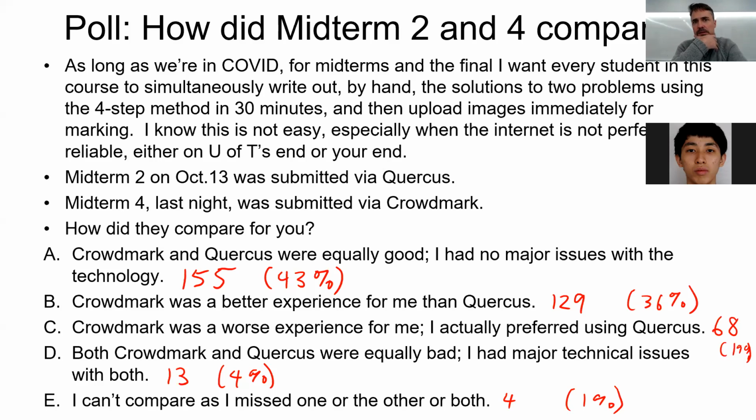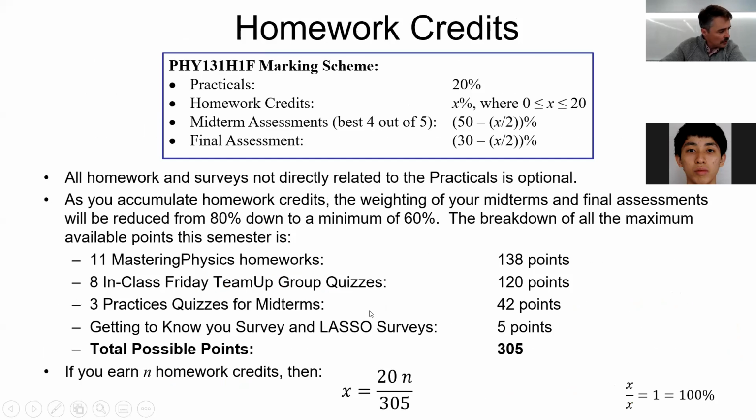No, this was mainly about the homework credits. What does it mean by 20n divided by 305? That's X. So remember in the top, that's a really good question. So let me just quickly go back. Yeah. So the homework credits are worth X% of the course, and X is some number between 0 and 20. So if you didn't do any homework, then the homework credits are just worth 0, and they don't affect your mark.